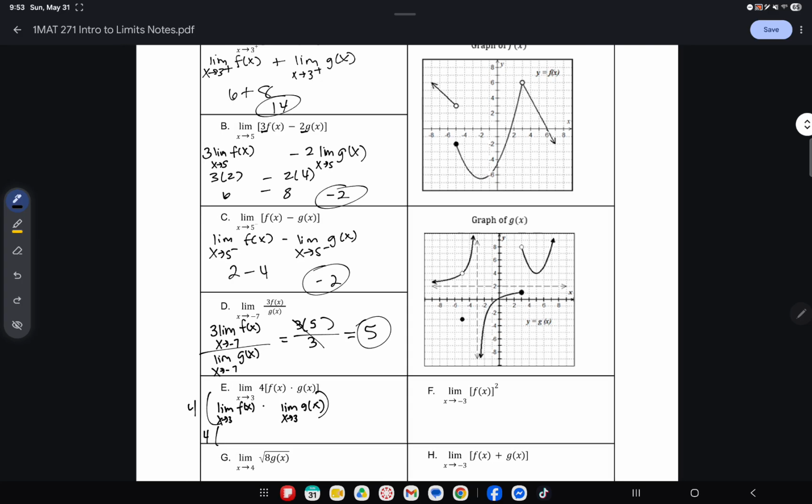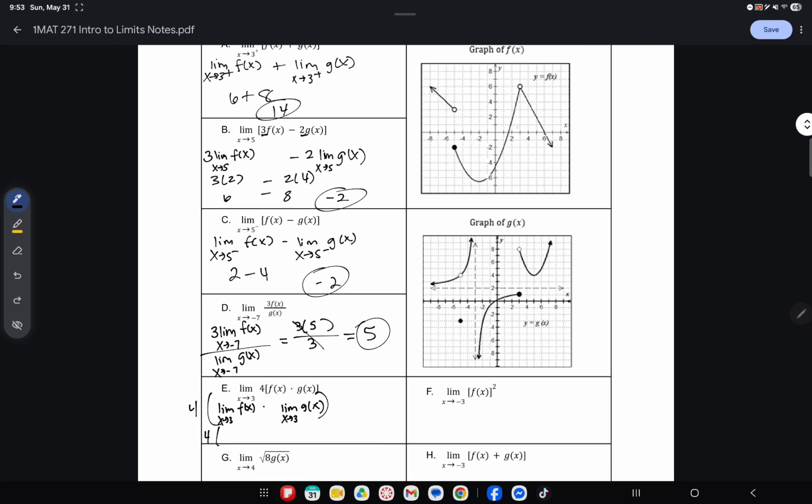All right, for 3. 3 left and right is 6. G, for 3, the left and the right are not the same, so that limit doesn't exist. So it doesn't matter what these would multiply out to be, because one part of it doesn't exist, so the whole thing can't exist.